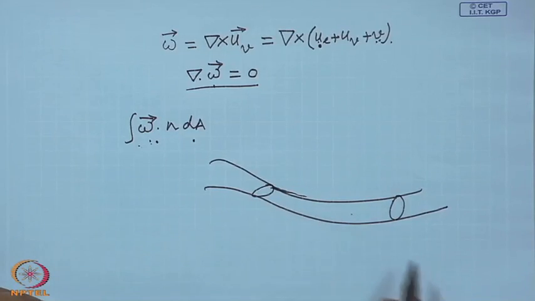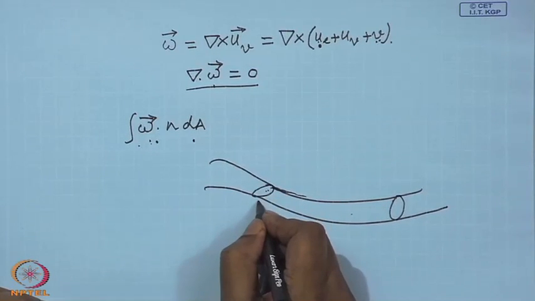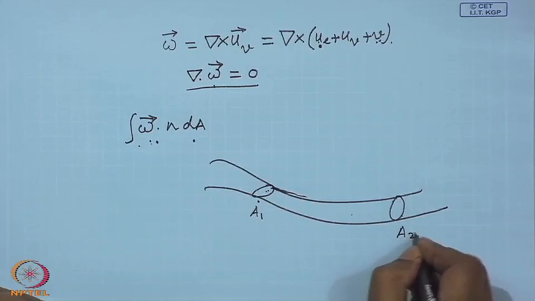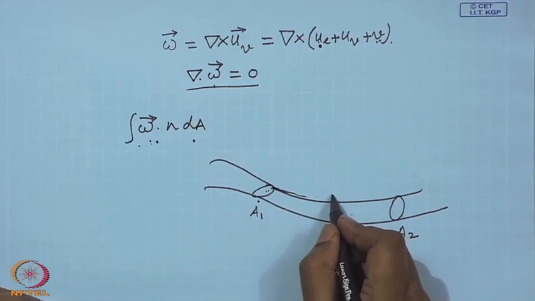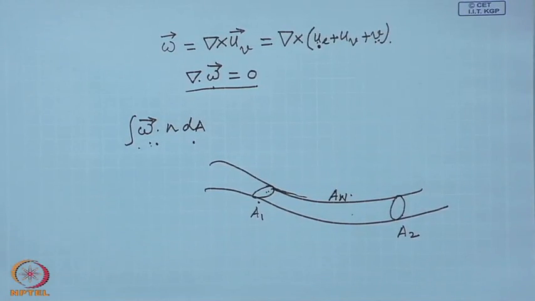So, now let us call this area A 1, this as A 2, and the surface area of the tube we call A W. So, the total area is the sum of these three.